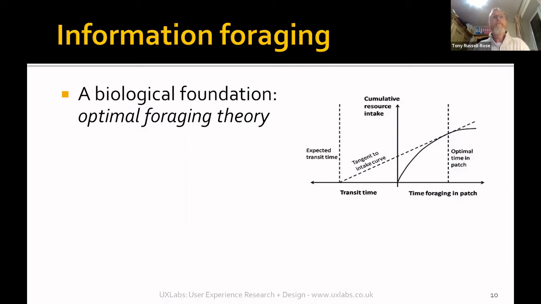This is sometimes referred to as information foraging. It actually has its origins in biological or zoological research dating from the 60s, where people looked at animal behavior when they forage in a certain area, and how long they choose to spend in that area before they move on to another area.